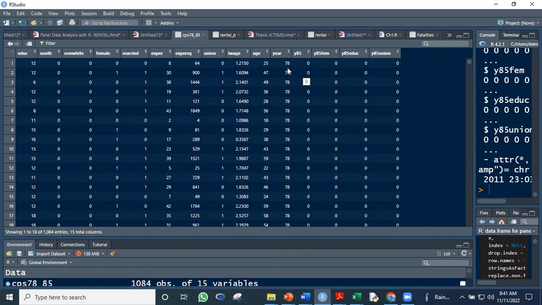Most probably, class, same individuals ito, same individuals na in-interview na 1978. And then after 8 years, in-interview ulit sila 1985 to see kung ano yung changes sa log wage, sa wages nila.